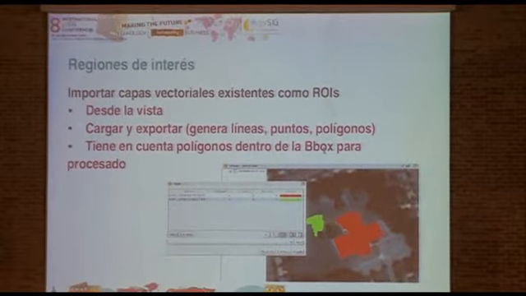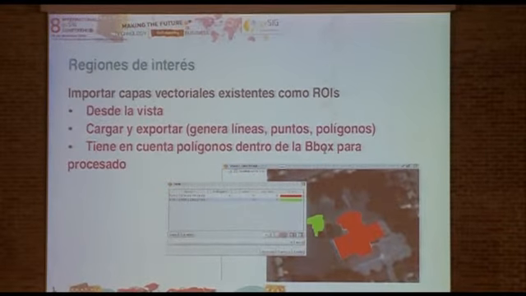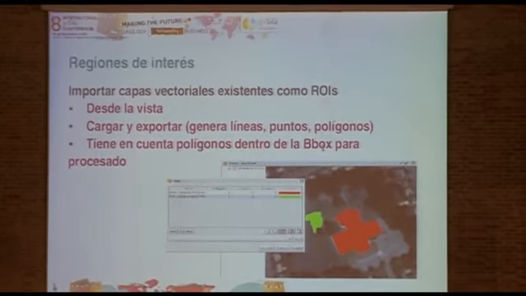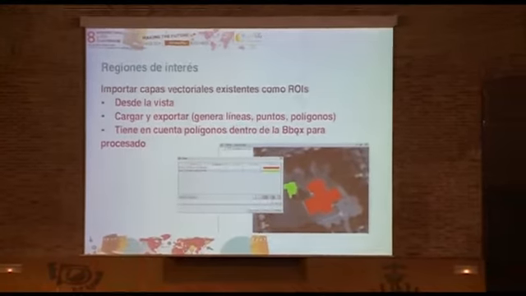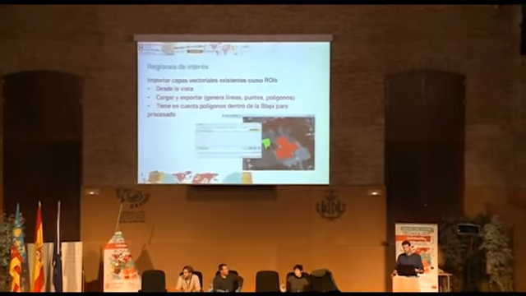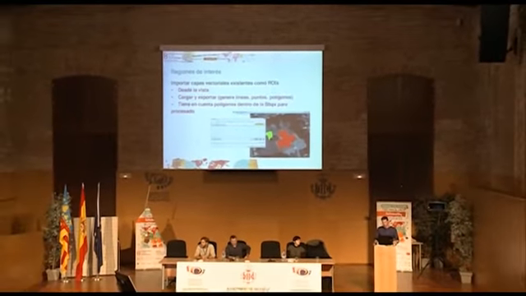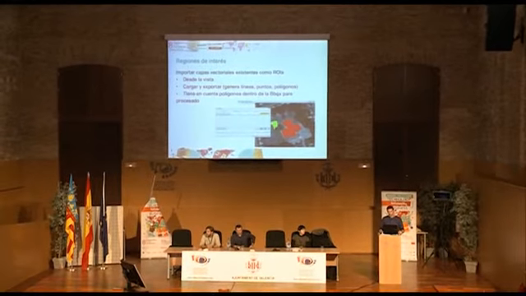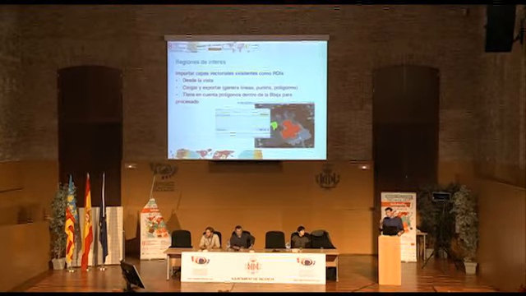As for regions of interest, this is a tool that was not as usable in the previous version. As you know, these regions of interest are sort of polygons that you can use within the bounding box.